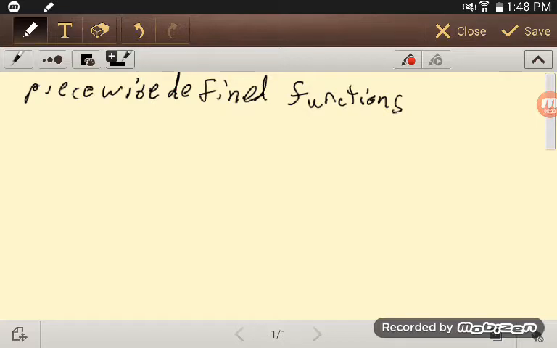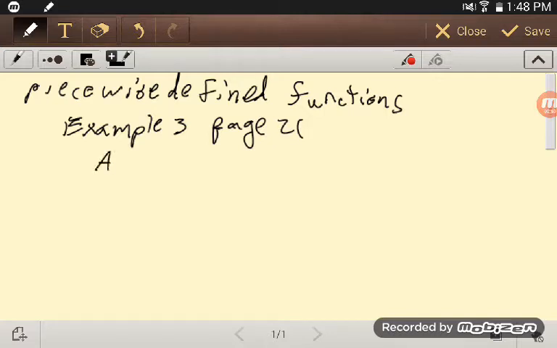Now, I particularly want to point this out because of your example 3 on page 21. And there they say a function defined by more than one equation.